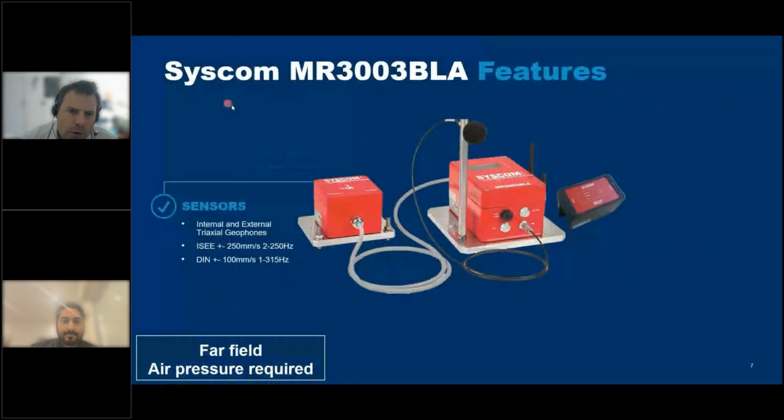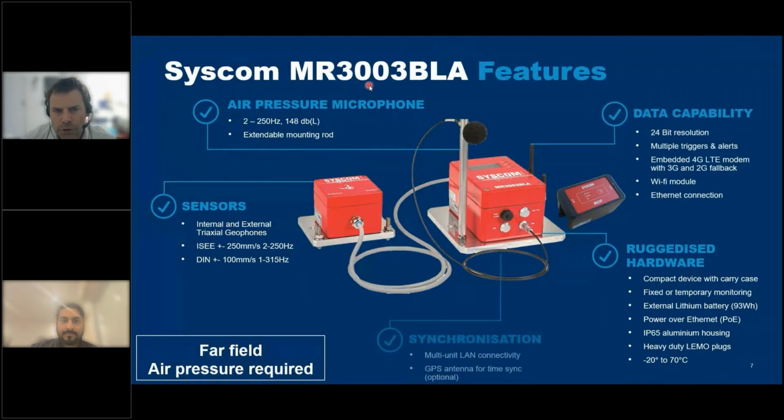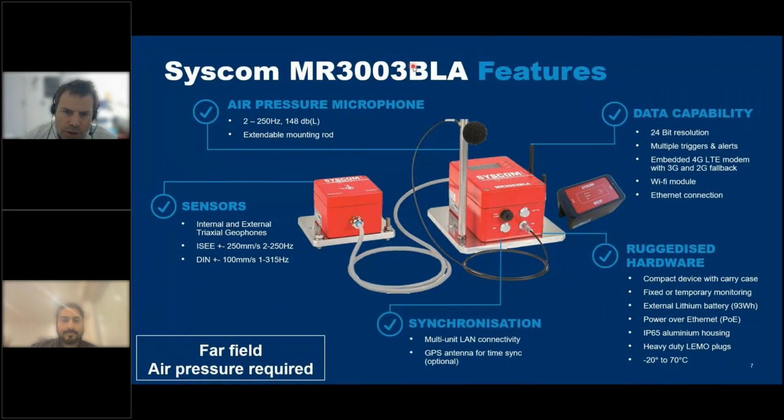When we look more into details at the MR3003 BLA, it's a motion recorder with an air pressure microphone and a triaxial geophone sensor for blasting, BLA for blasting. This one is mostly used for far field measurement with air pressure when it is required, obviously with the microphone.